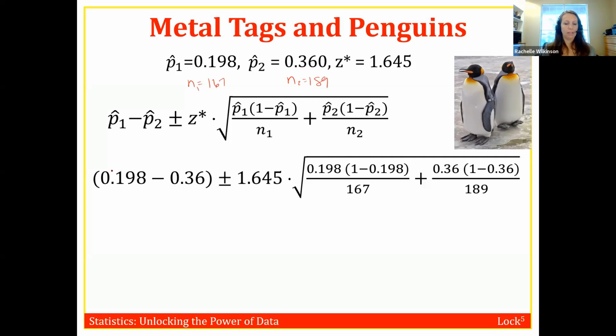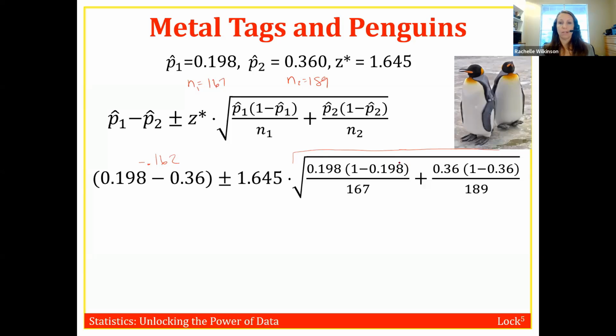We can take the 0.198 minus 0.36. This is going to be the same as our sample statistic that we already calculated. So we should get negative 0.162.